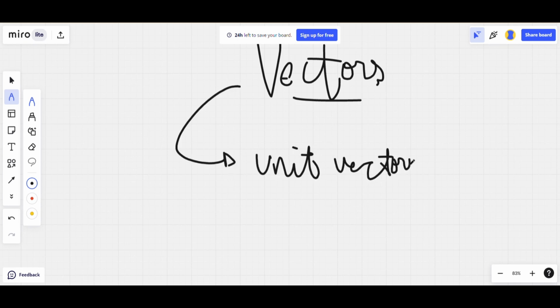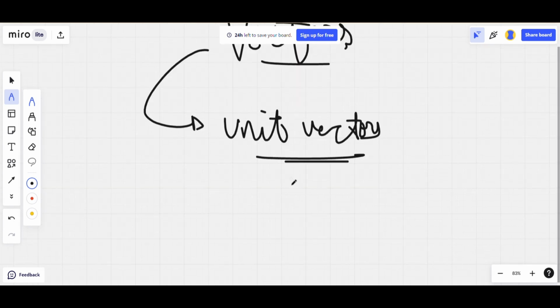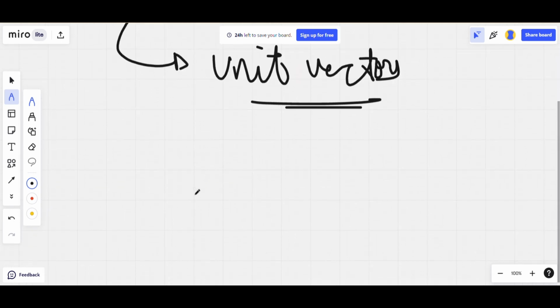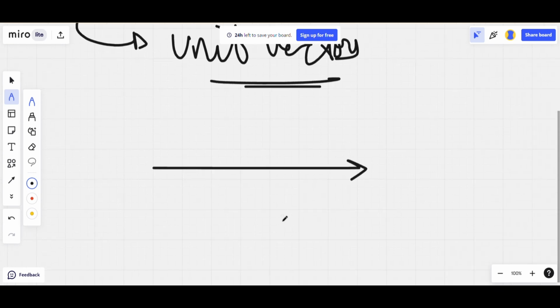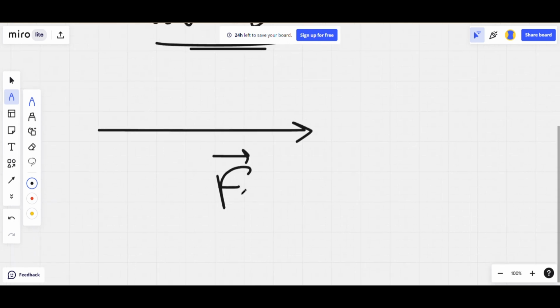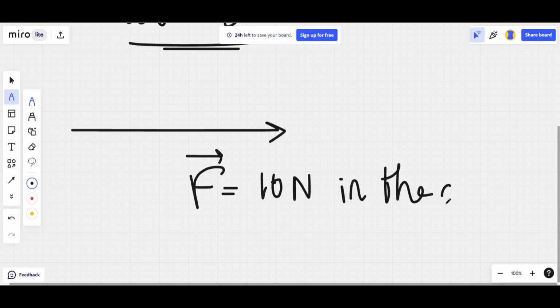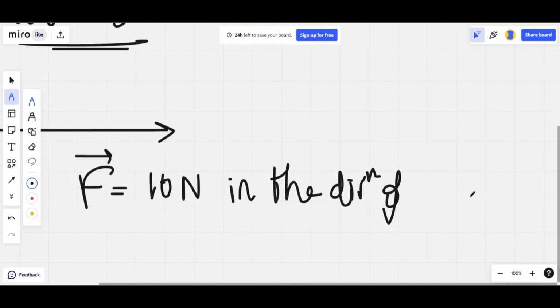Right now we just looked at a way to represent vectors moving in a certain direction. Let's say this is a velocity vector, or a force vector. You're applying force in this direction. Then we can say that a force of 10 newtons is being applied in the direction of the x-axis. But you see, it's a long process. As you advance in physics, scientists found it difficult to describe every physical quantity in such a lengthy manner.